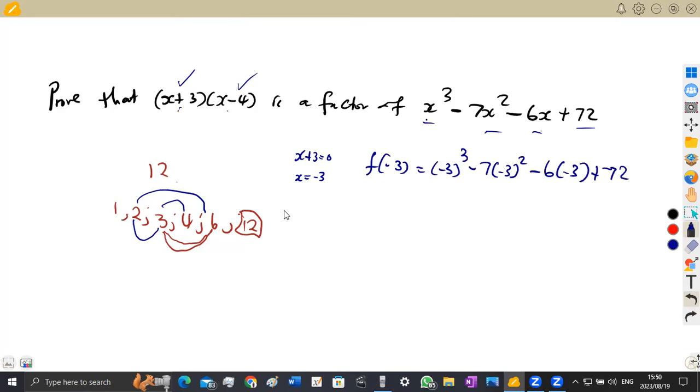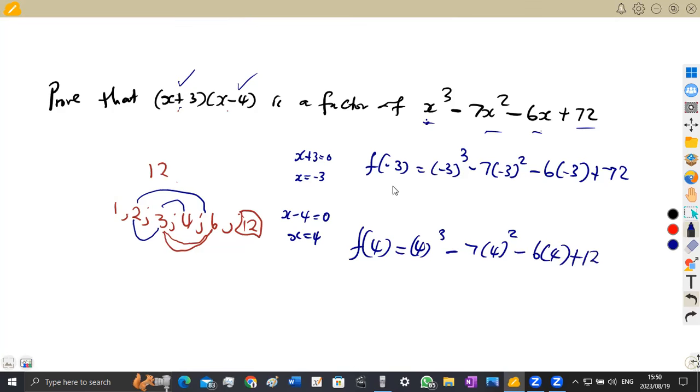We need to test also if we say x minus 4 is equal to 0, the value of x there is 4. So if we are saying f of 4 equals 0, it means in place of x we are going to have 4 exponent 3, and 7 times 4 exponent 2, 6 times 4 plus 36, which is supposed to give us 0.